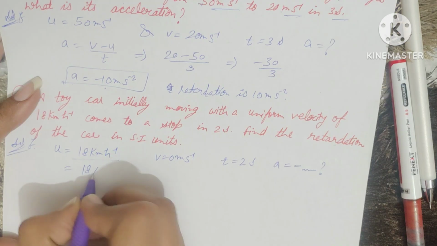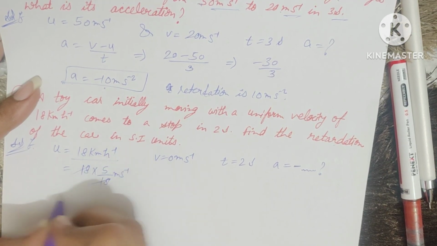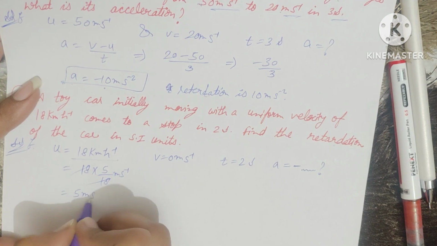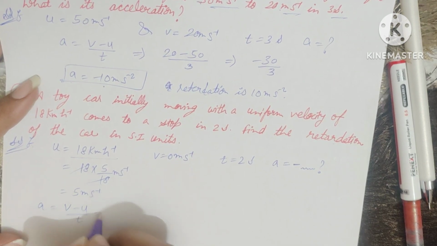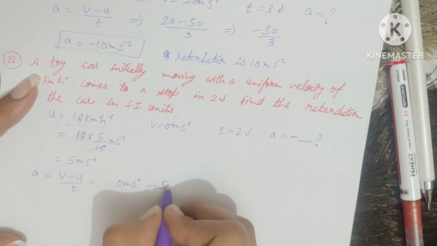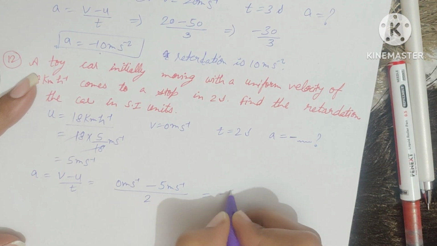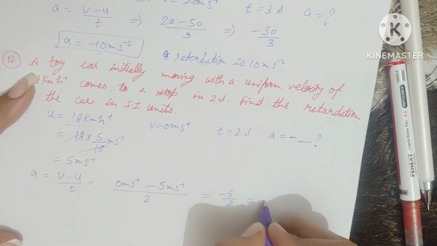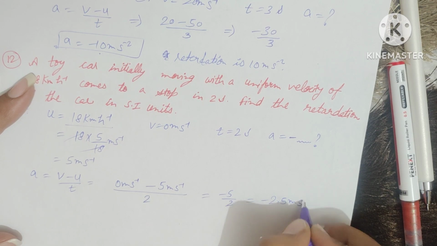We need to convert it into meter per second by multiplying with 5 by 18 and we will get 5 meter per second. So now the formula A is equal to (V minus U) by T, that is equal to (0 meter per second minus 5 meter per second) divided by 2. It is equal to minus 5 by 2, which is minus 2.5 meter per second square.